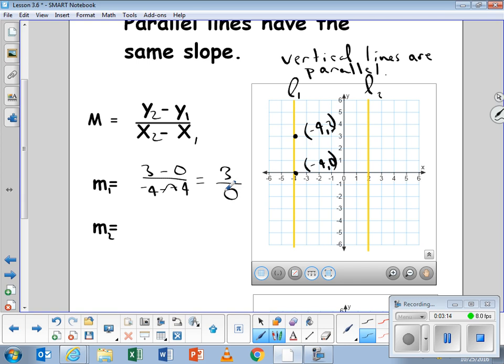You get an error, don't you? Yeah. That's because you can't divide by 0, and so your calculator recognizes that. And so that means we have an undefined slope. So this is undefined.